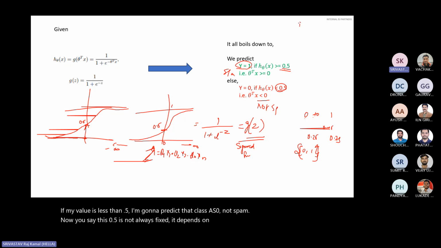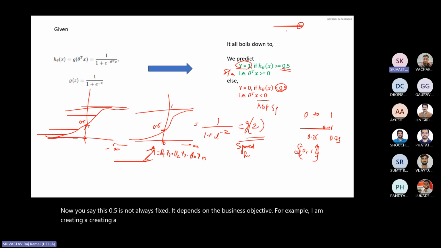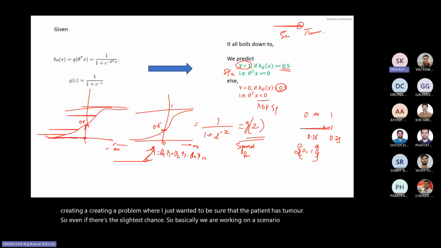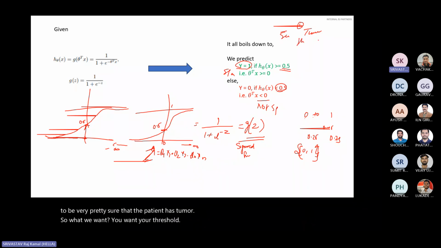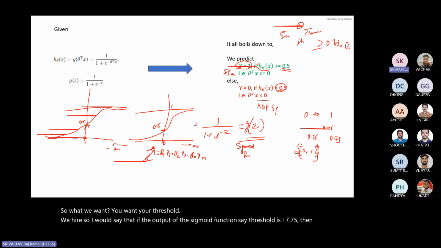For example, I'm creating a problem where I just want to be sure that the patient has a tumor. Even if there's the slightest chance, we are working in a scenario where we want to be very sure that the patient has a tumor. So you want your threshold to be higher. I would say that if the output of the sigmoid function is above a threshold of 0.75, I will classify it into class 1.